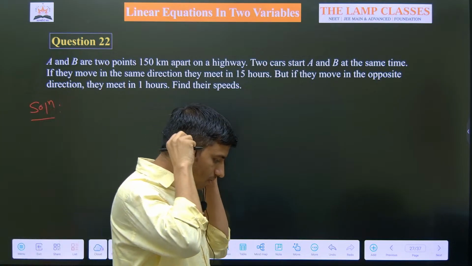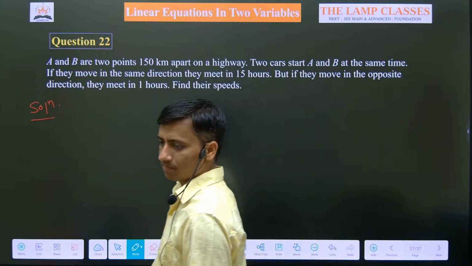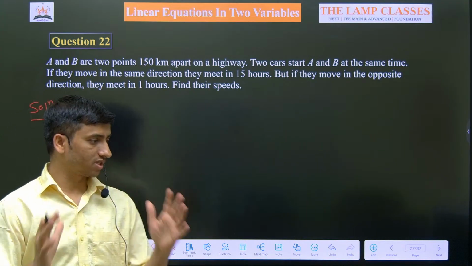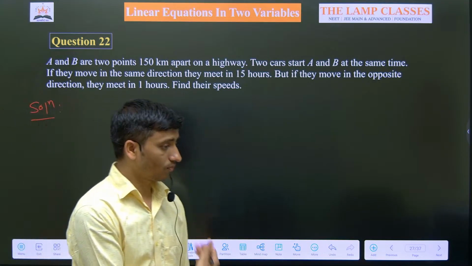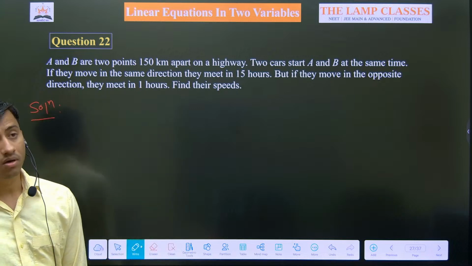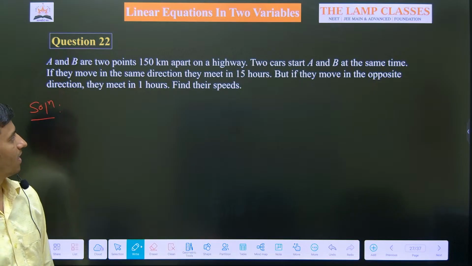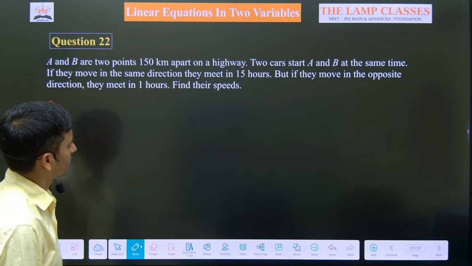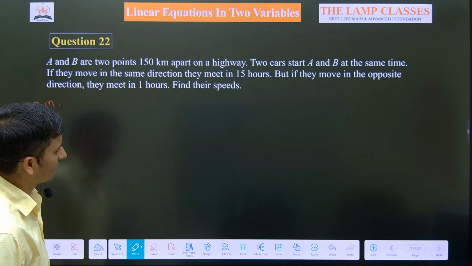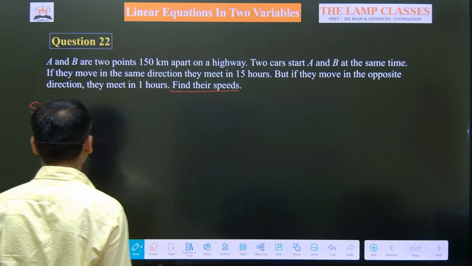In some word problems, especially if you need to do some rough sketching, make the diagram and visualize the scenario, that may be very helpful to frame the equations. Like in this question, if you can make the diagram and see how we can frame the equation, it may be helpful. The question is to find their speeds, so we can name those variables.